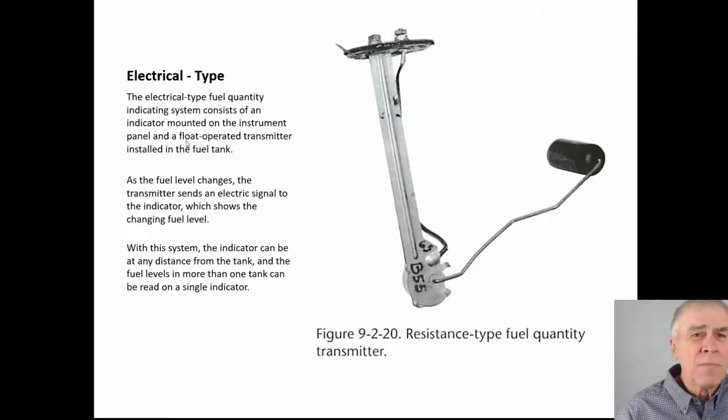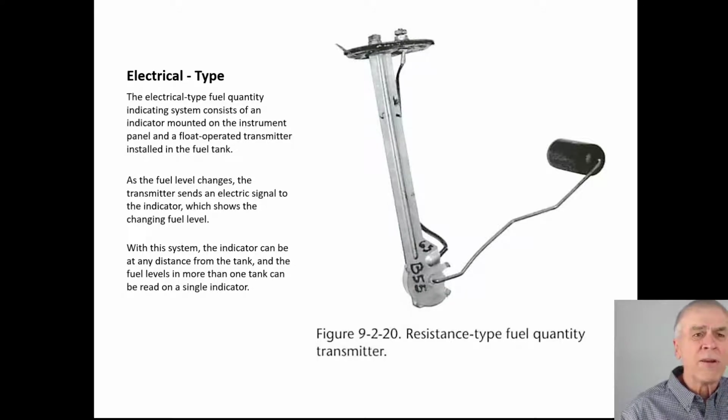It consists of an indicator mounted on the instrument panel, which I guess is not shown here, and a float operated transmitter, that is shown. As the fuel level changes, the transmitter sends an electric signal to the indicator which shows the changing fuel level.